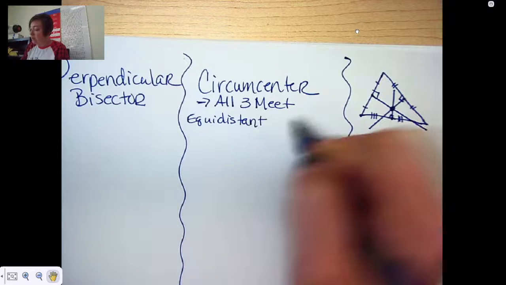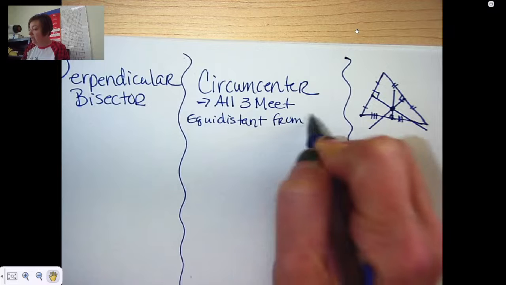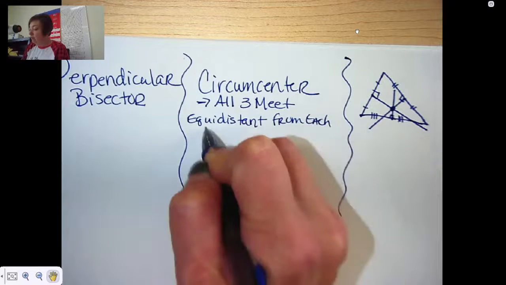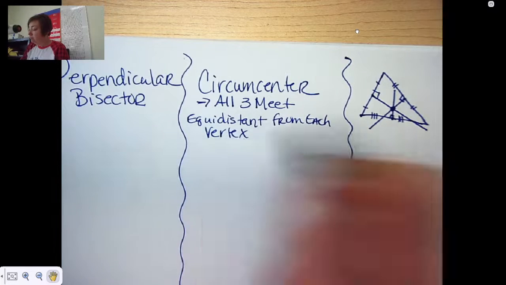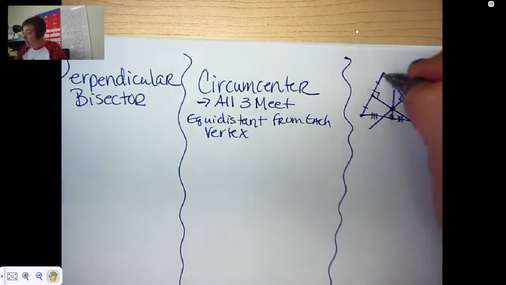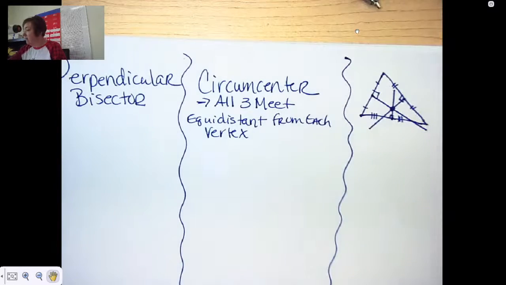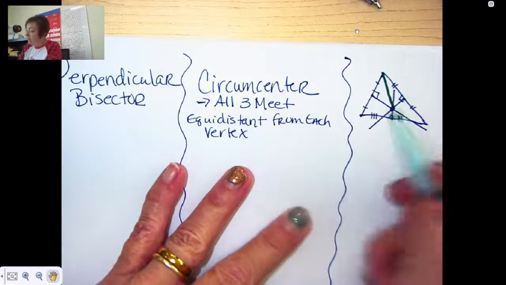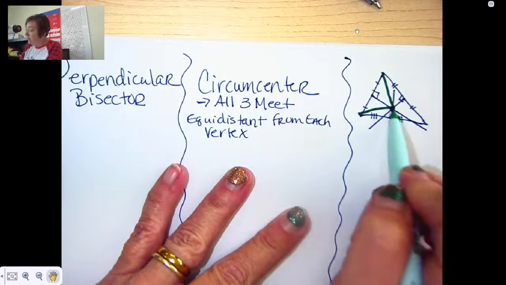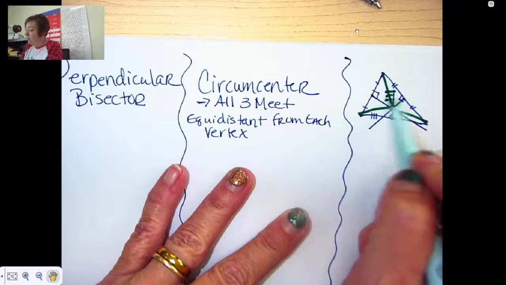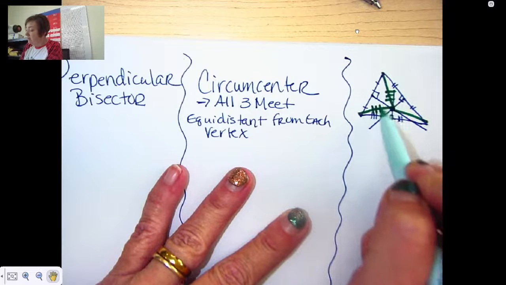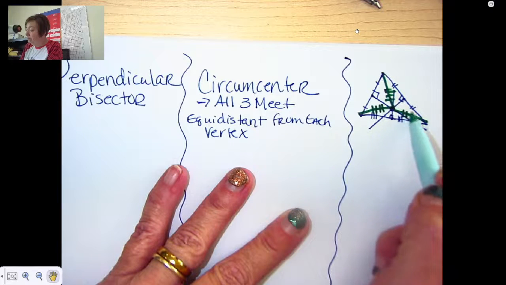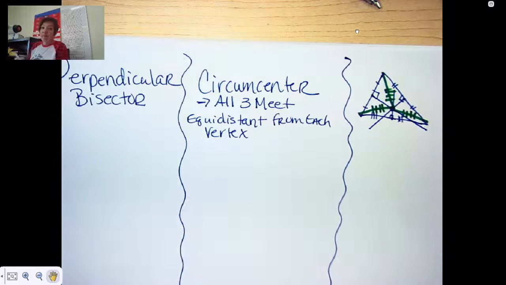All the same distance from each vertex. That means if I draw a line from here to here, and a line from here to here, and a line from here to here, all three of those lines would be the same. Same distance from each vertex.